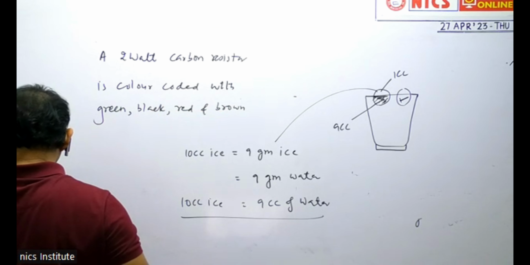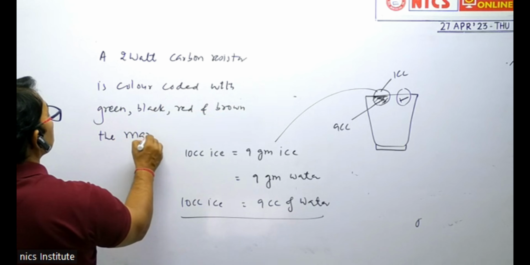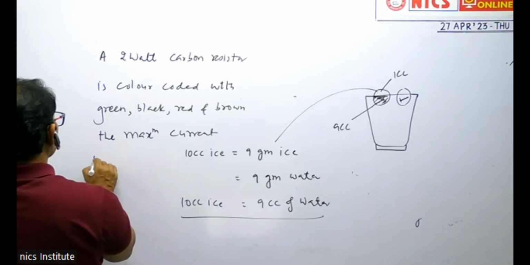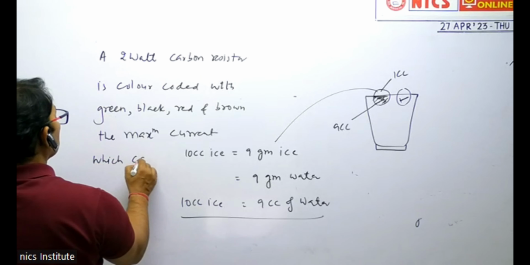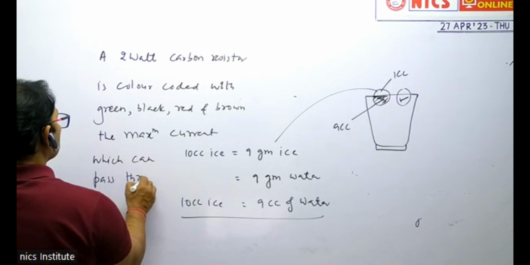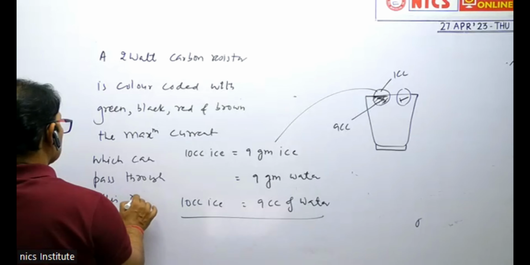The maximum current which can pass through this resistor.